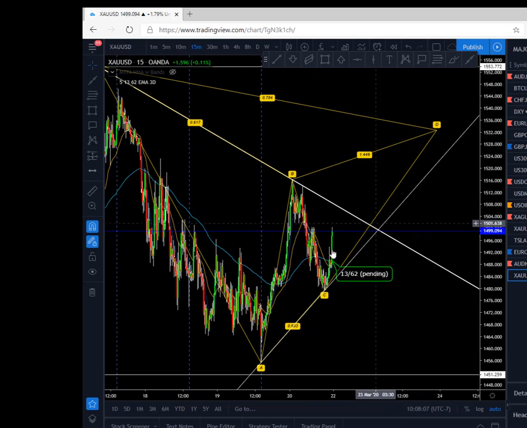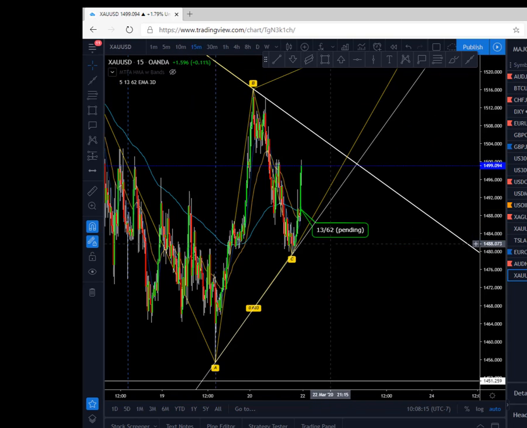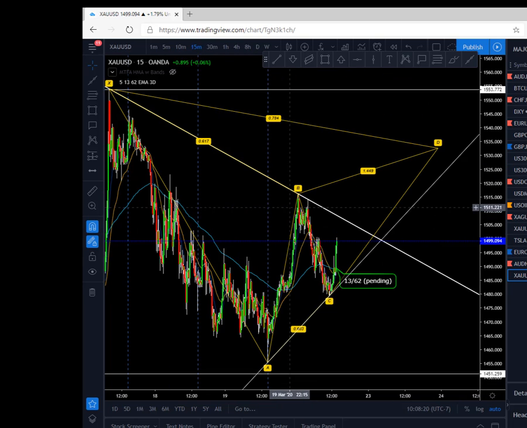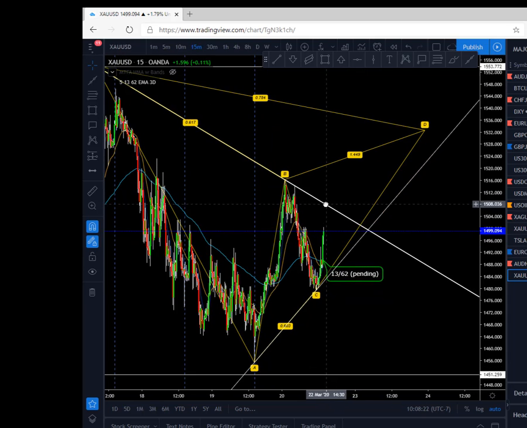So what I like about gold is that it's looking pretty impulsive. This candle, it's pretty engulfing. So that's a good sign that this XB trend line will break.